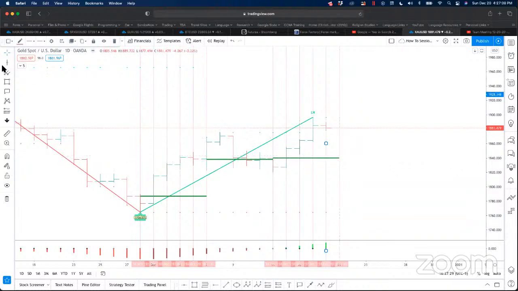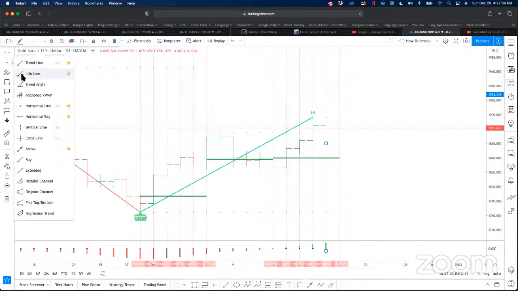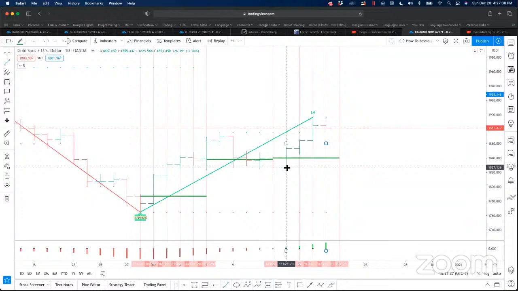Then the next day, opening price for this day is here. Now, you don't really need to get an opening price for Monday because Monday's opening price is going to be the weekly opening price. That's this whole line we drew across here.